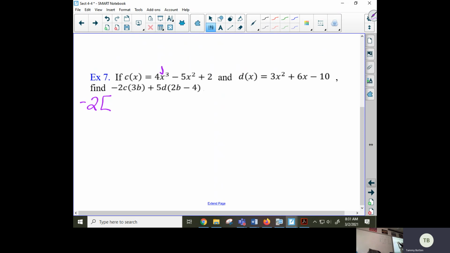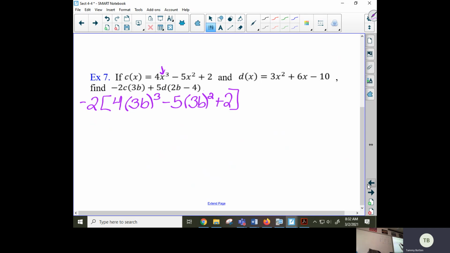And we're going to put 3b in here. So we have 4 times 3b cubed, okay? Minus 5 times 3b squared plus 2. Actually, that could have been worse if this had a plus or minus and you had to multiply that 3 times. So that wasn't too bad, actually.